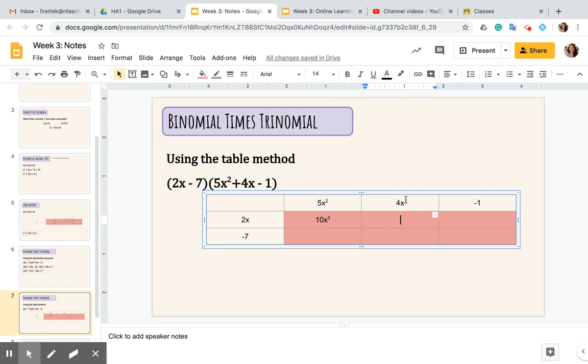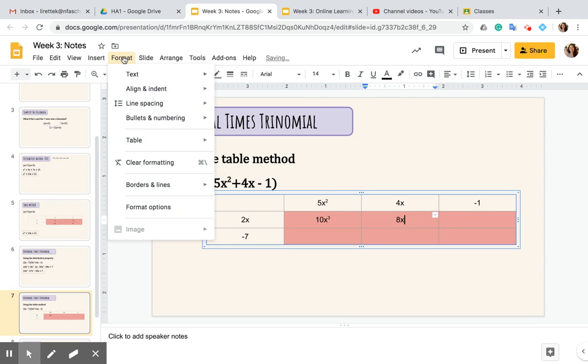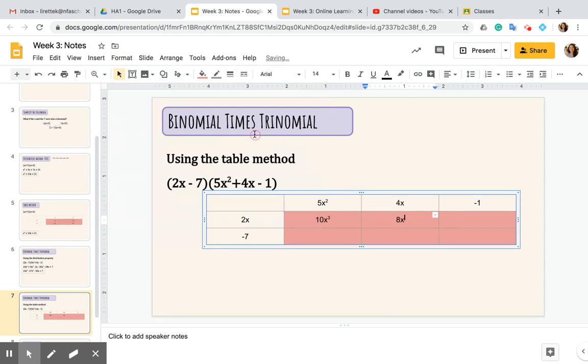My next term, I'm going to take column 2, row 1. That's going to give me 8x squared. This grid here, I'm going to take column 3, row 1. That's going to give me a product of -2x. Okay, so that takes care of all the products for row 1.